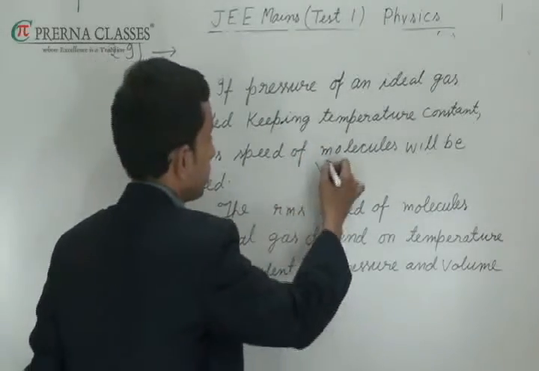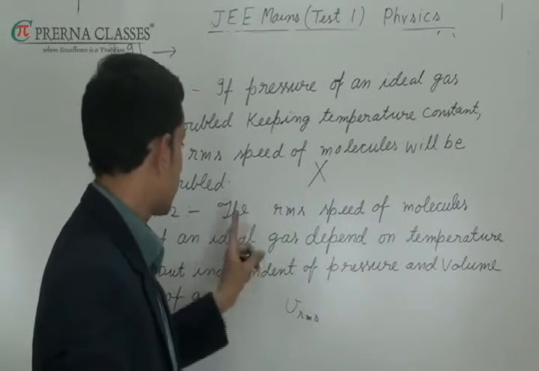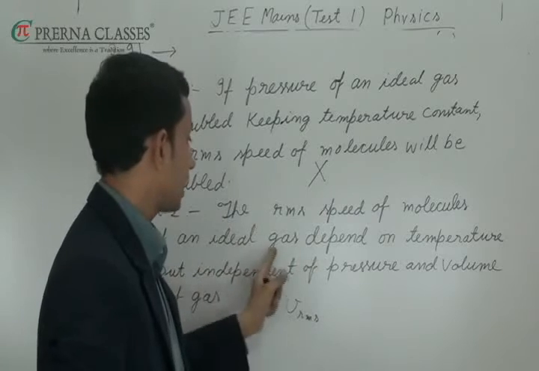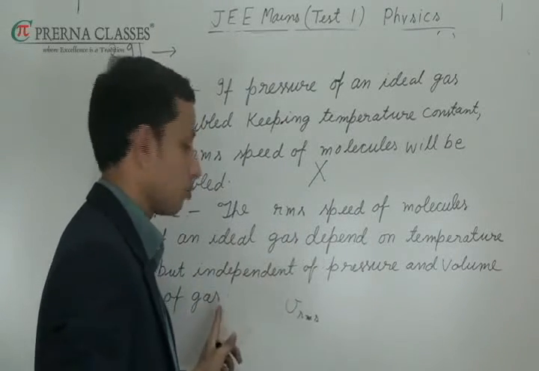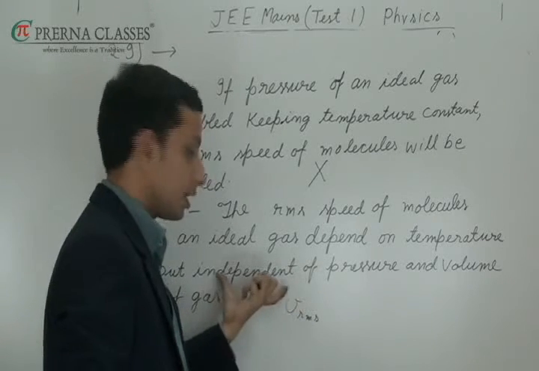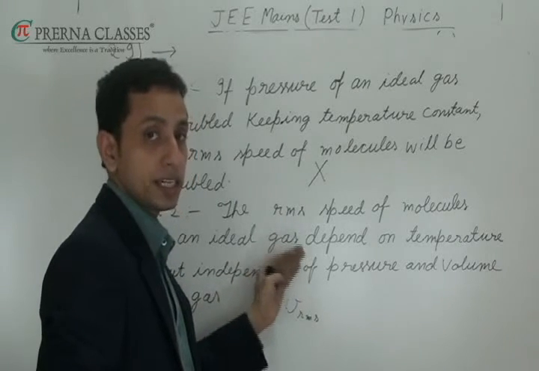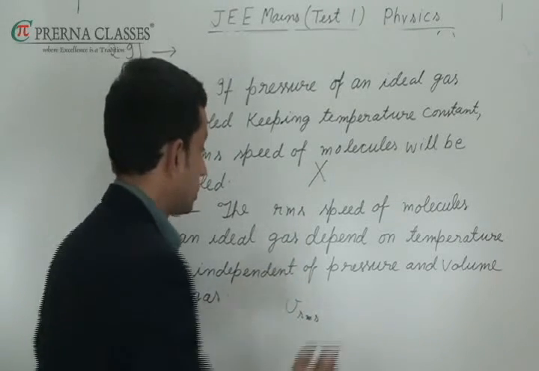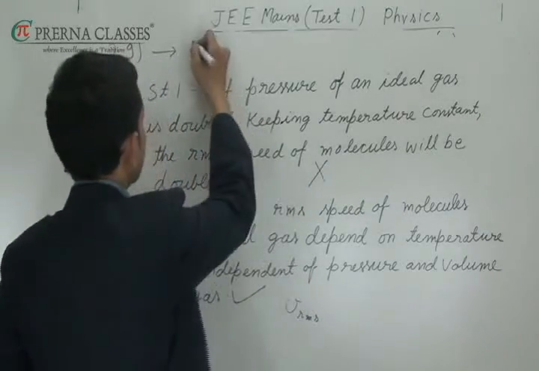So first statement is wrong. In the second statement, it is written that RMS speed of molecule of an ideal gas depends on temperature and is independent of pressure and volume. It will be independent of pressure and volume as long as temperature is kept constant. So this statement is right. So we will write option D.